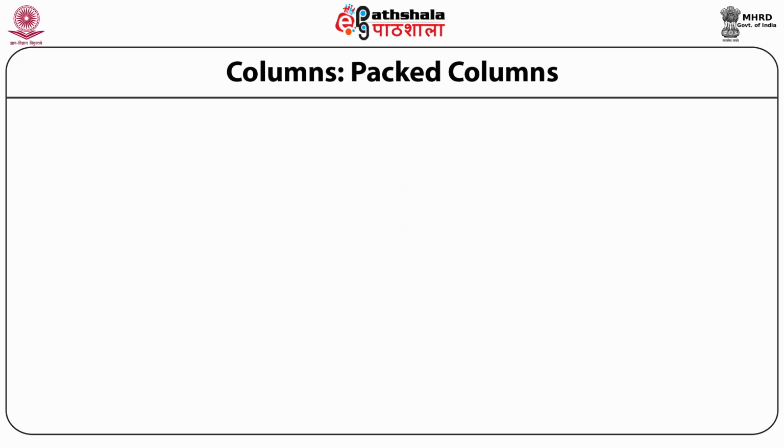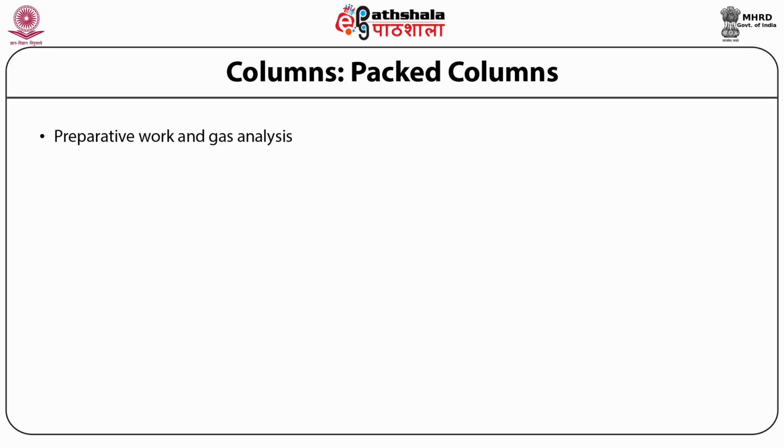Now we keep repeating the term columns again and again, and we realize that it's actually the column that is the heart of the gas chromatographic system. Columns come typically in two types. They can be either packed columns or they can be capillary columns. Most of the columns that are in use today are no longer packed columns.